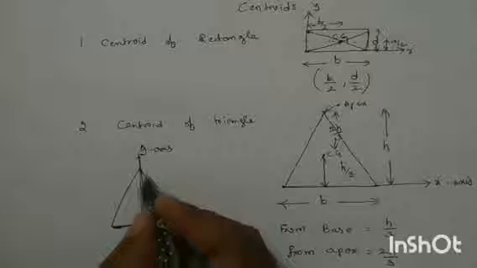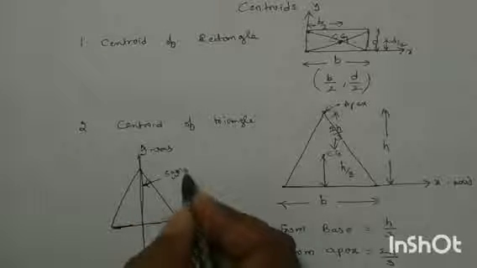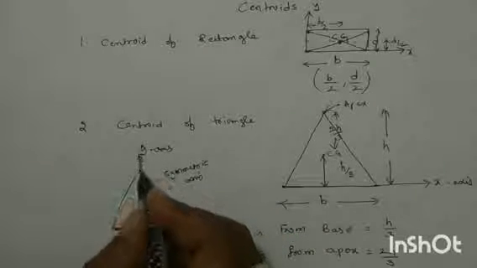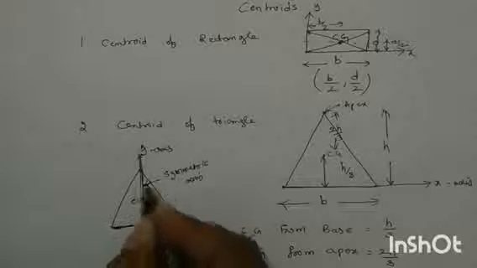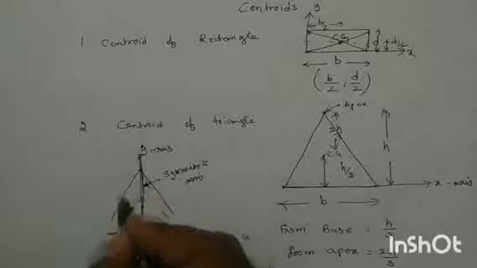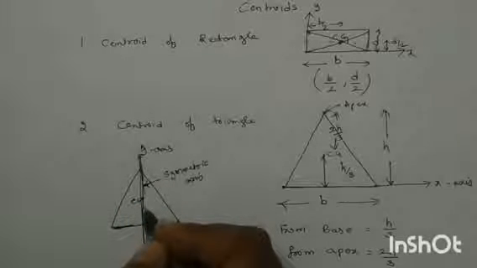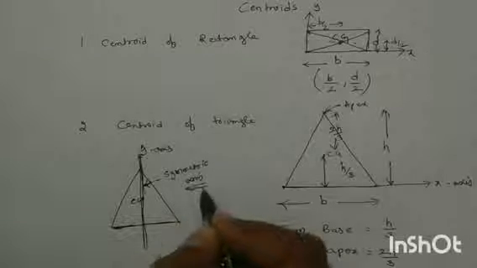So here you can say that this is the symmetric axis. So here the centroid is passing through the symmetric axis. This is CG point. Okay, so that's why the centroid lies on the symmetric axis. You remember, this is very important point. What is that? The centroid always lies on the symmetric axis.